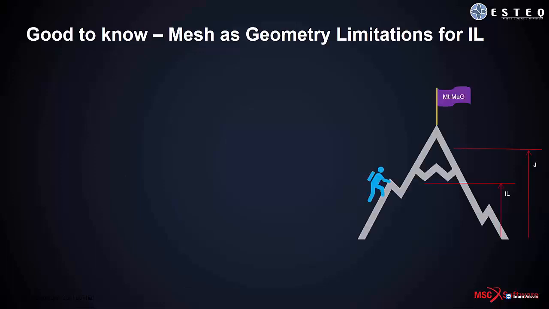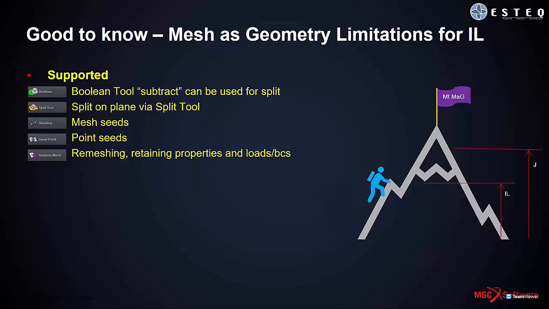All right, lastly, just a few notes on limitations with this geometry that was created on a mesh. As I said, we're also not there yet. And with Jaguar, they will also not be at the tip of the iceberg yet, but we will get there. What is currently supported, though, is the ability to use the Boolean tool for splitting geometry.